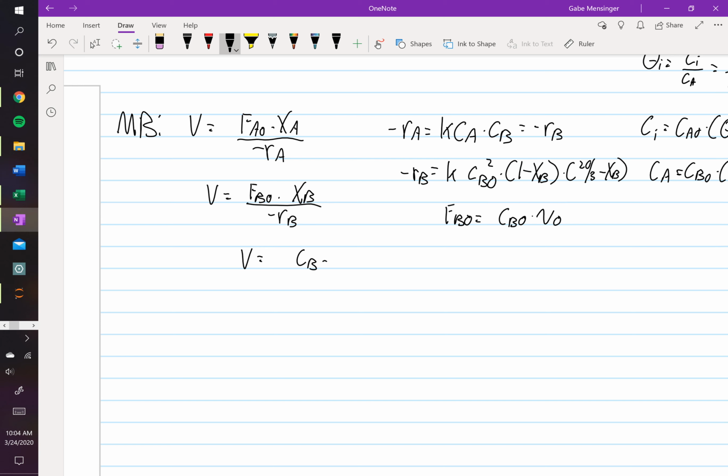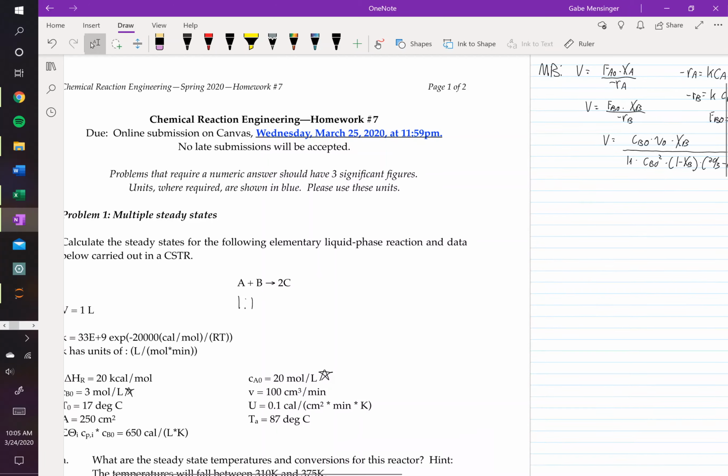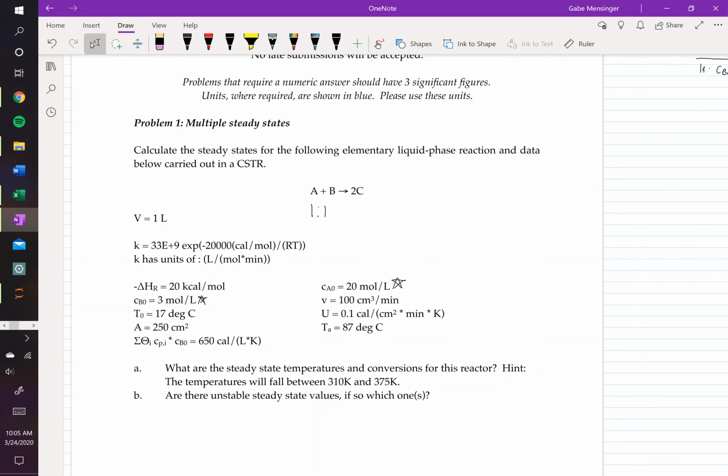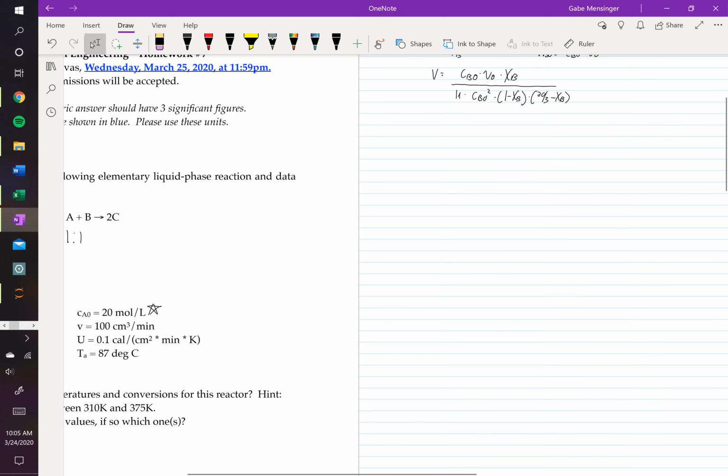So we get CB naught times V naught times XB in the numerator, over k times CB naught squared times 1 minus XB times 20 over 3 minus XB. And are we given information about the volume? Looking over this, we are. And we're given V naught as well.